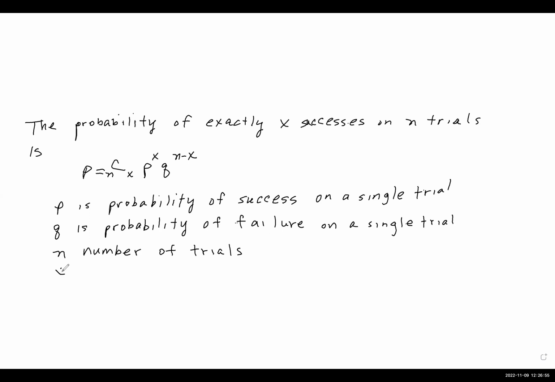I'll show you an example and it'll become a little clearer. X is the number of successes in N trials.